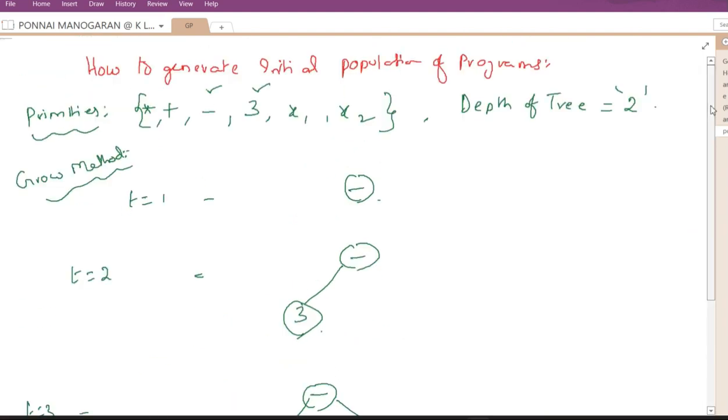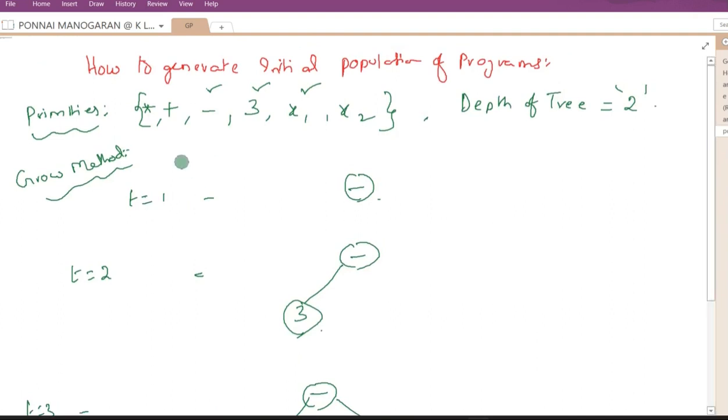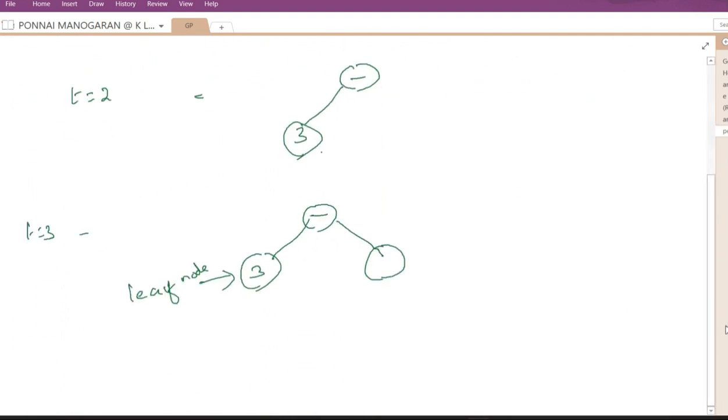So again you go to the primitives. Let us suppose you sample this time x1, and x1 is also a leaf node. Let us suppose I will select a plus symbol instead of x1, so that you will get a depth. This is for illustration only. Once we have selected an internal node, the plus operator, again you have to select for the leaf node.